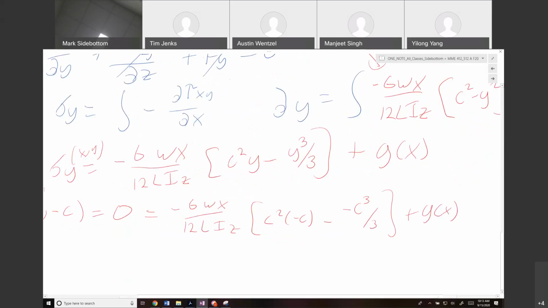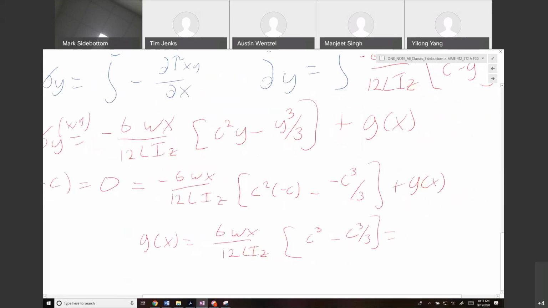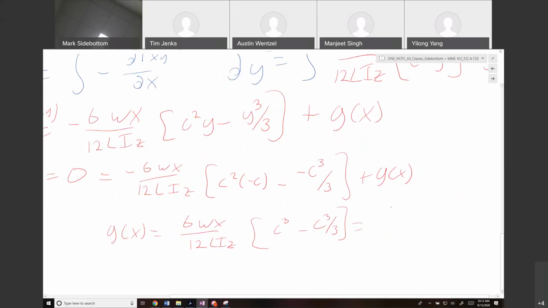So what we end up getting is g of x would be equal to 6wx over 12 l Iz times c cubed minus c cubed over 3, which is just going to be equal to 6wx times c cubed multiplied by 2 divided by 12 times 3 times l Iz.